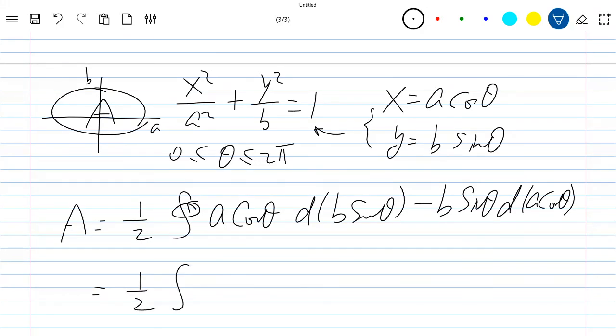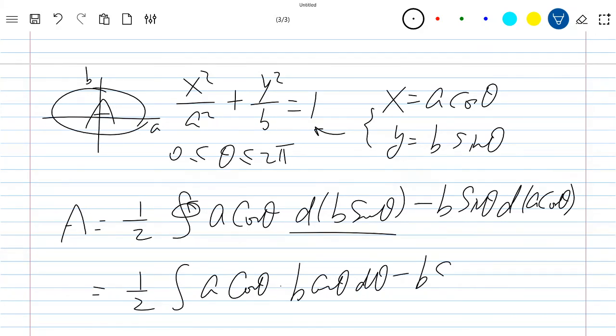So a cosine theta, and what is this? Theta is our variable, so it's b cosine theta d theta. Minus b sine theta, a sine theta with a negative sign, right? d theta.